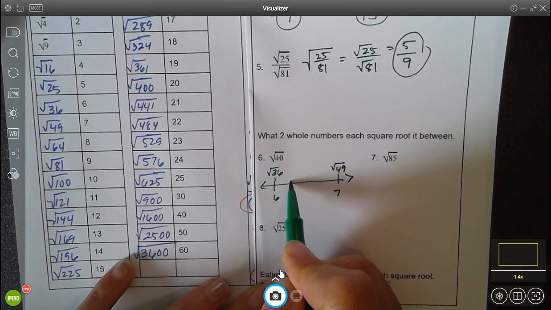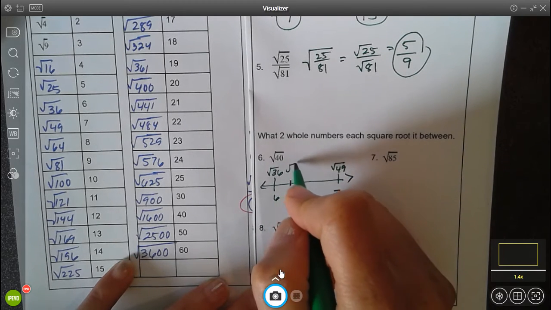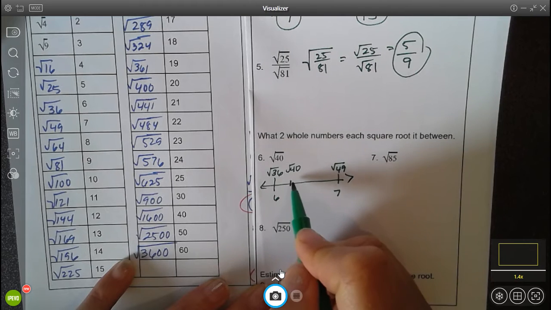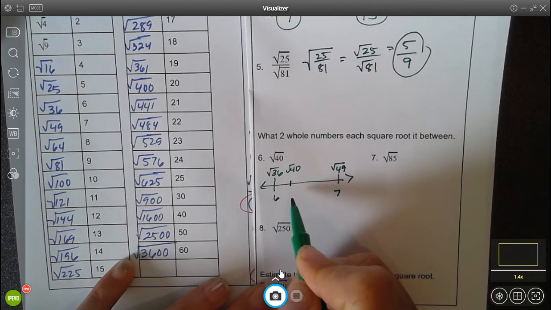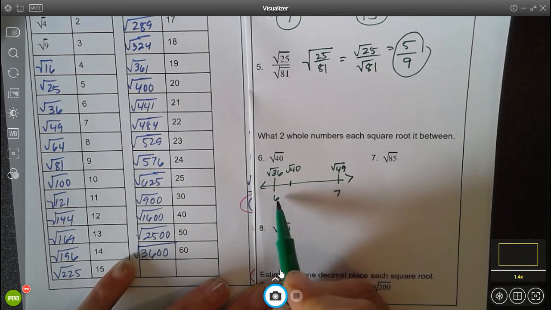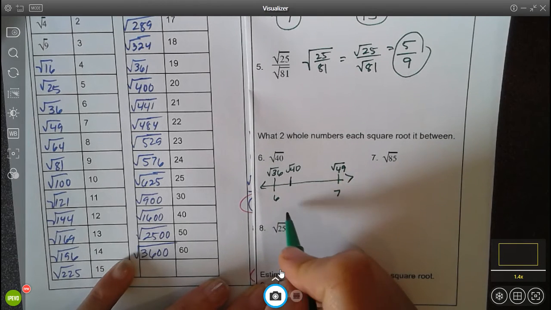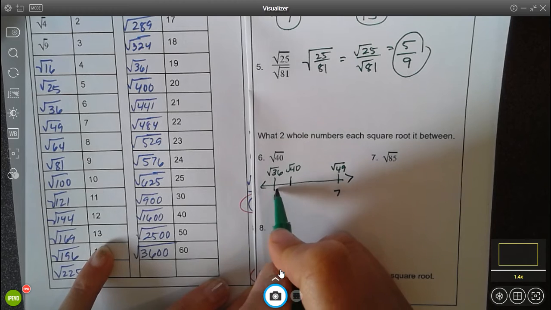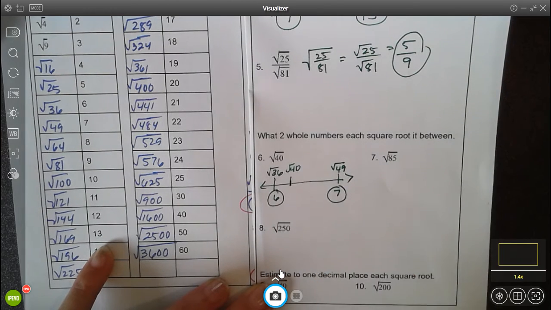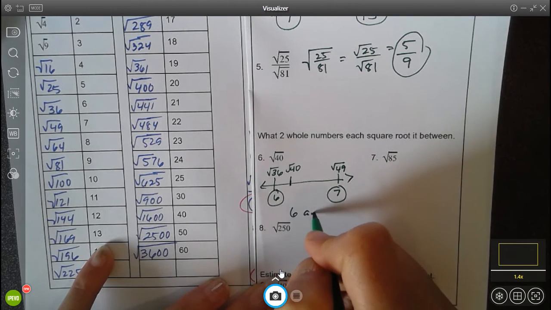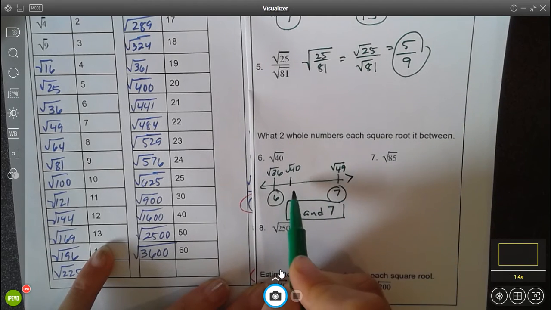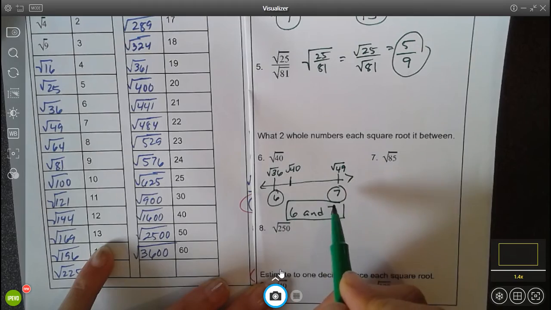It would be closer to this. That is only 4 away, where this is 9 away. So I'm going to say it's right about here. Oh no, we're not doing that yet. I was trying to estimate it already. I was jumping ahead. So it's right here. So it's between 6 and 7.